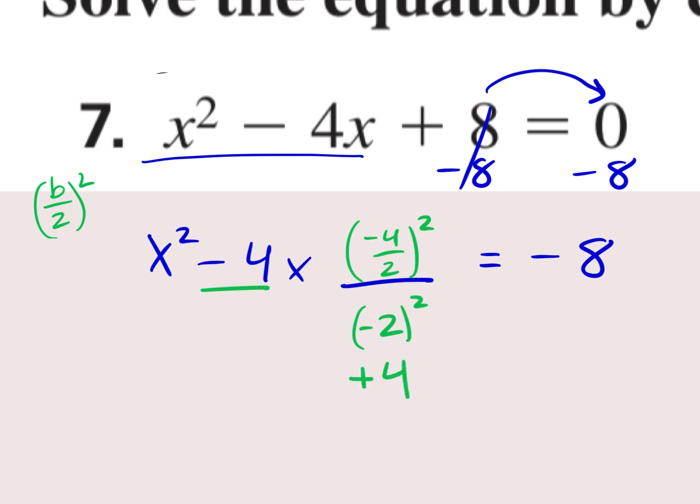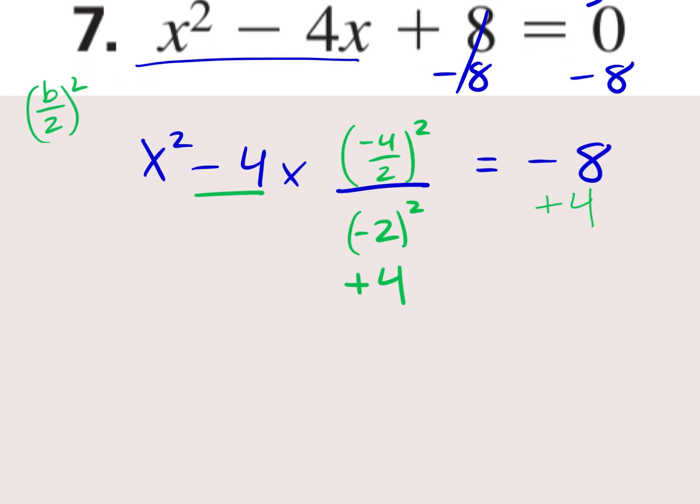4. So if I'm adding 4 to the left side, what do I also have to do? Add it to the right side too. Make sure we keep our equation balanced. So since I'm adding 4 on the left, I also have to add it to the right. Now in my parentheses squared, what's going to go in there? Awesome.